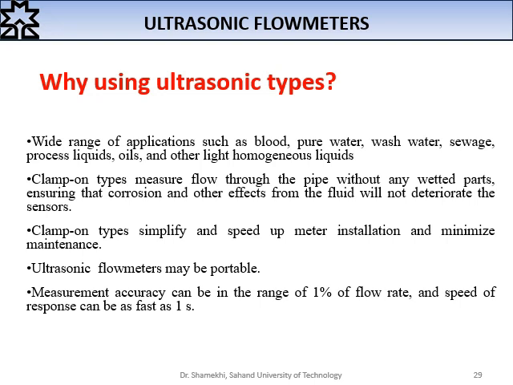Clamp-on types simplify and speed up meter installation and minimize maintenance. Ultrasonic flow meters may be portable, and measurement accuracy can be in the range of 1% of flow rate, and the speed of response can be as fast as 1 second.